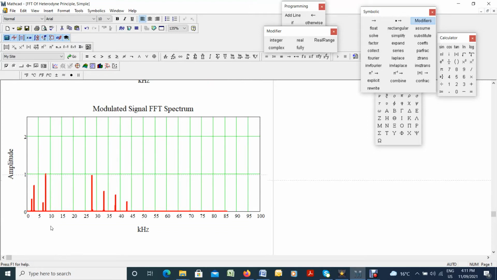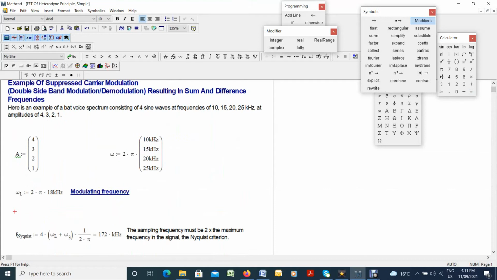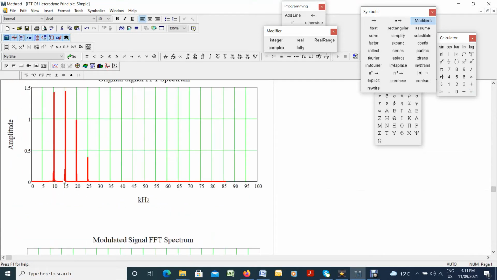Since the modulator is set at 18 kilohertz, which is higher than the 2 lowest frequencies on the input spectrum, and here they are in graphical form, that one and that one.